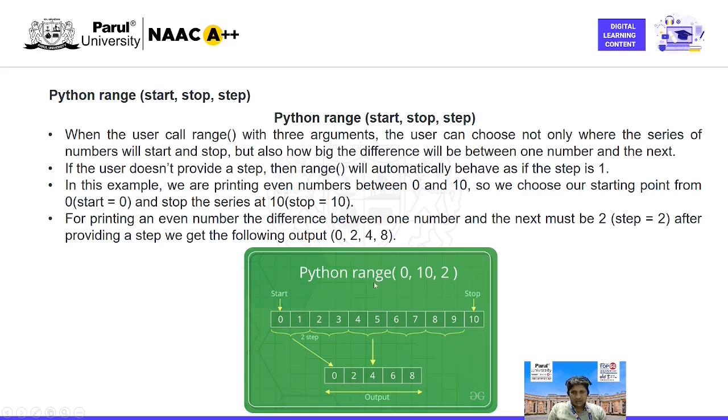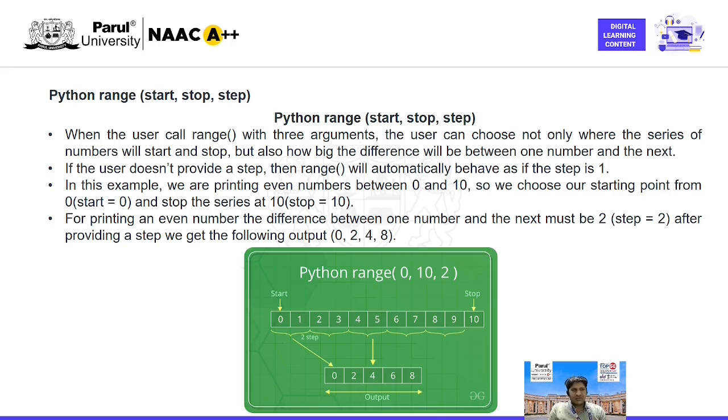In this example, we are printing even numbers between 0 to 10. The start value is 0, the end value is 10, and we are going to print the even numbers. Even numbers means 0, 2, 4, 6, 8, 10, like this.